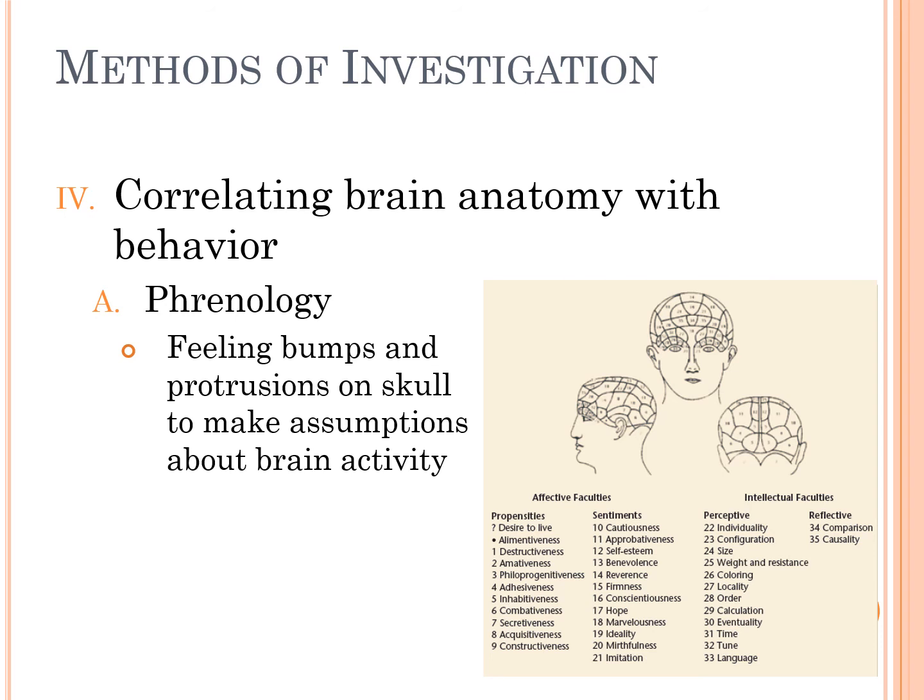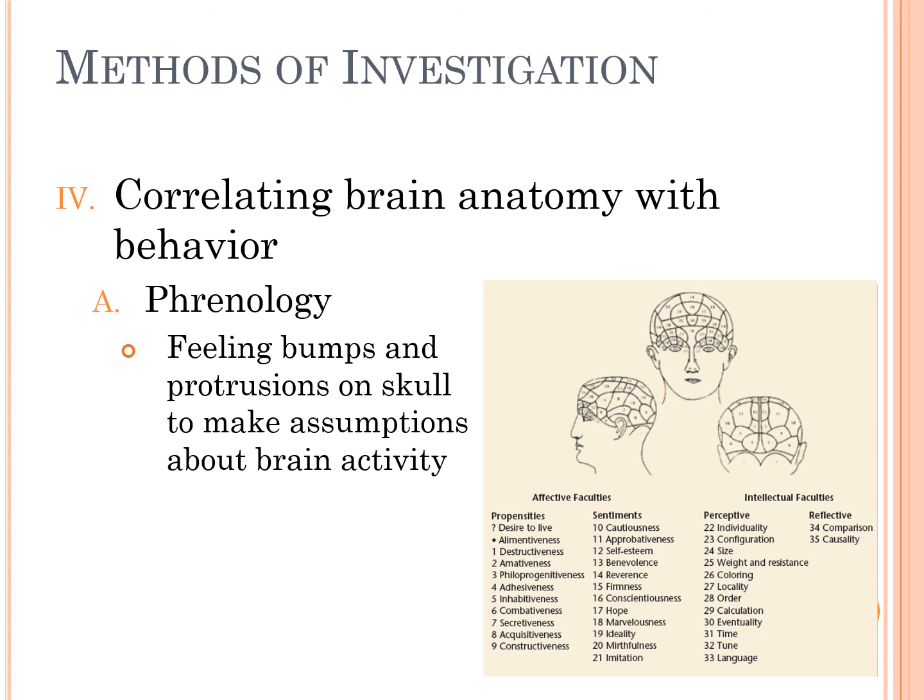I have seen several really neat phrenological maps and models in people's offices, where what they would do, and what this is showing with these numbers on the brain, is that they would feel the bumps and protrusions at the skull, and then make some assumption about brain activity, or what that means as far as your personality, behavior, your ability with language, all of those things.